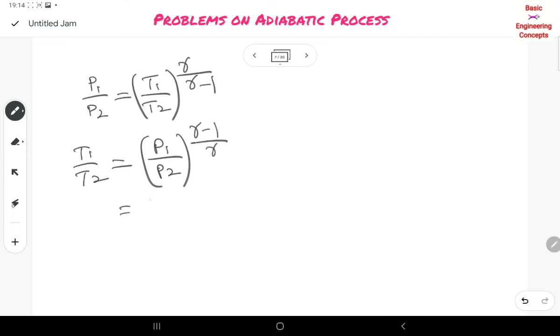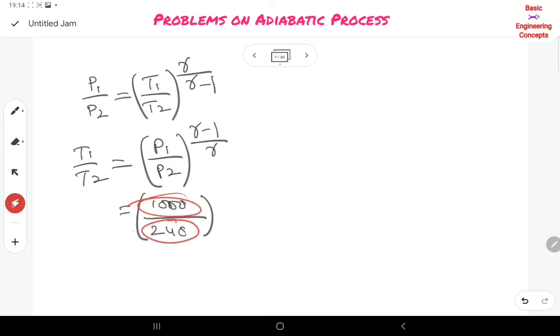Then P1 is 1000 and P2 is 240, since 2.4 bar is 2.4 into 10 square, that is 240, and 10 into 100 is 1000. Here gamma minus 1 by gamma is 1.4 minus 1 by 1.4.